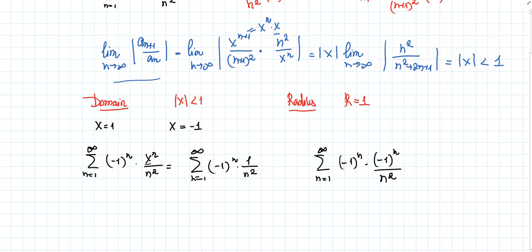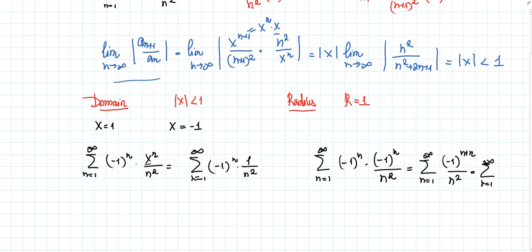Yes? Okay. So minus 1 to the power of n multiplied by minus 1 to the power of n means minus 1 to the power of n plus n, right? This is going to be equal to the summation, n goes from 1 to infinity, of minus 1 to the power of n plus n divided by n squared, which is the same as minus 1 to the power of 2n, right?